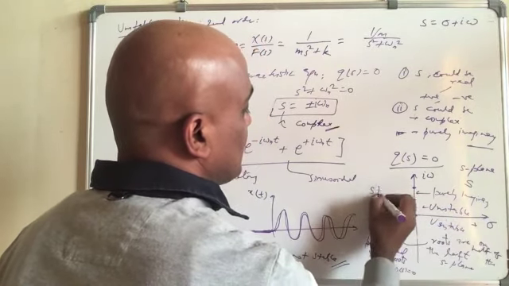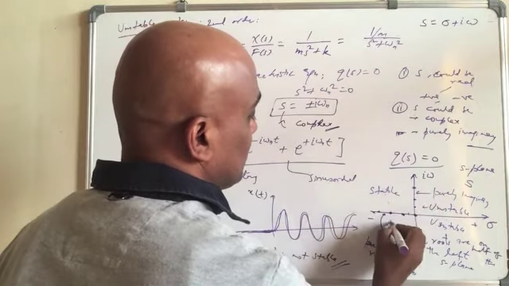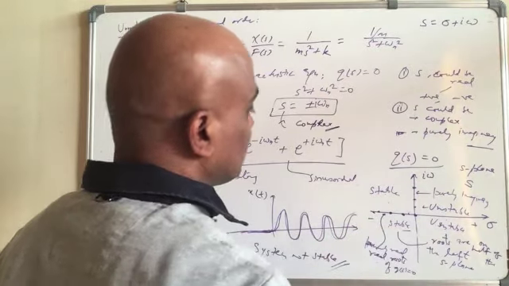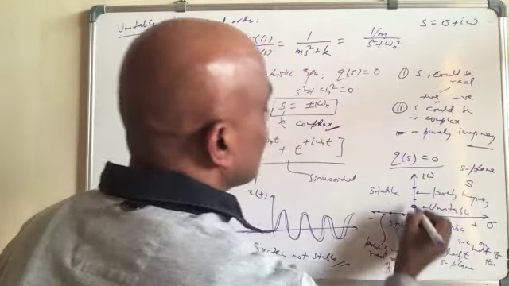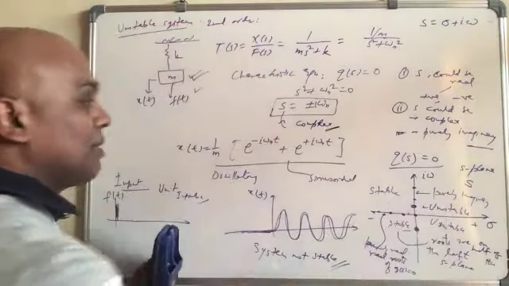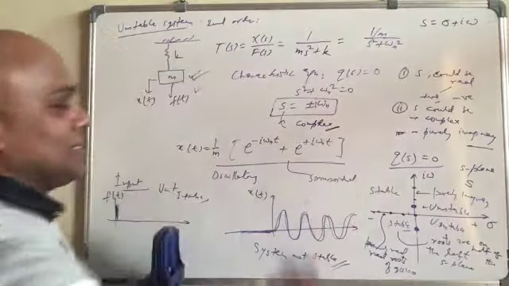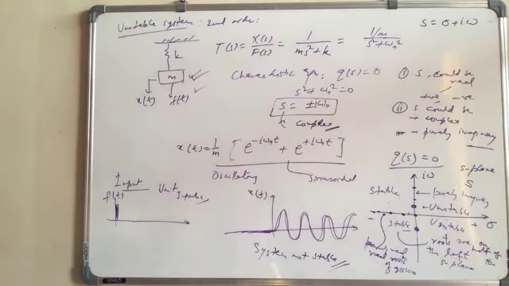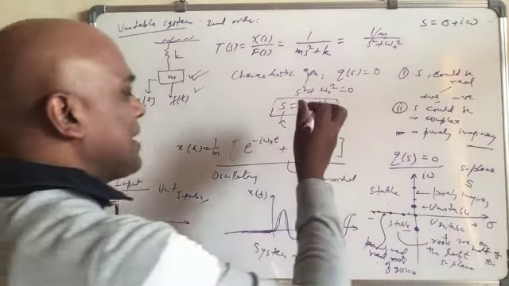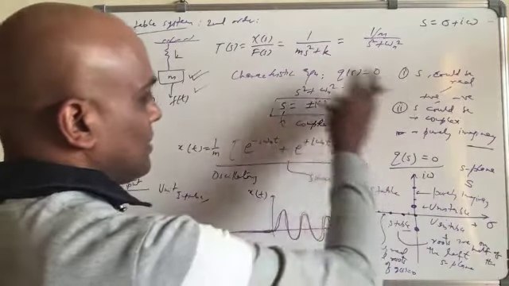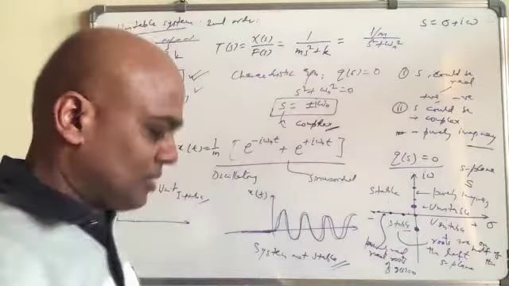Here it is stable, here it is stable. In this case we get one on this one, but it is up one, down one, on the i omega axis. So the bottom line is the solution of the characteristic equation gives some idea about stability.